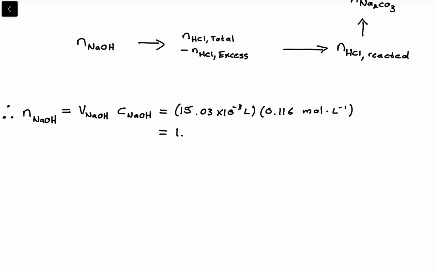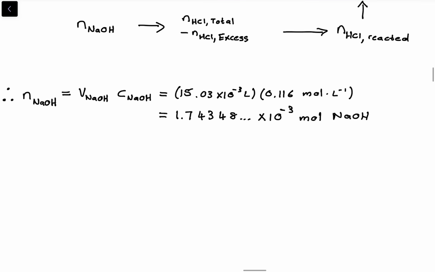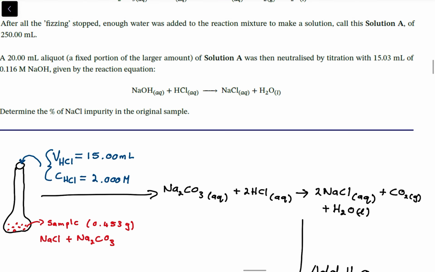And this will give you a value of 1.74348 times 10 to the power minus 3 mole sodium hydroxide. Right. We know that sodium hydroxide and HCl react in a 1-to-1 fashion in the titration.